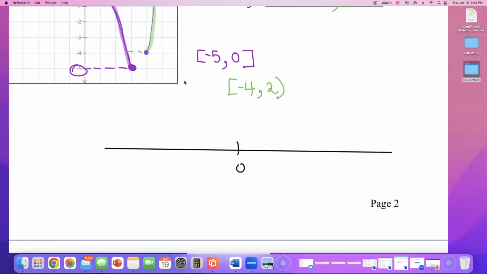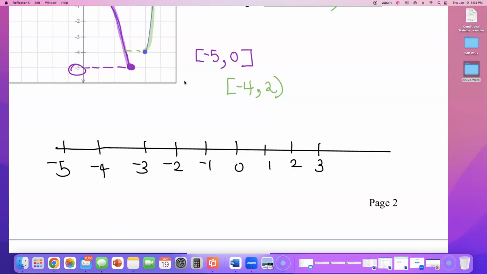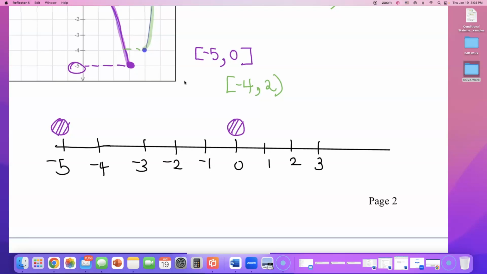If I have 0, 1, 2, 3, and -1, -2, -3, -4, and -5. This is what the purple one is doing. Purple starts at -5 and goes to 0. So the purple one covers like this much. Okay? But the green one starts at -4 and ends at 2. Okay? So the green one goes like this.